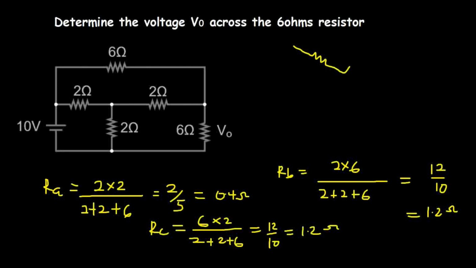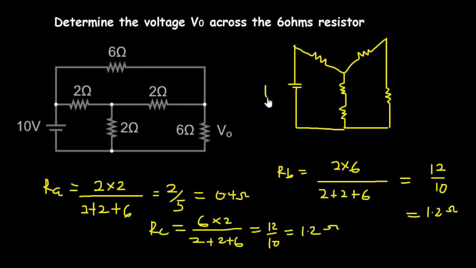Then I have this resistor here again, and another resistor here also. I have this 6 ohms resistor here. Then finally we have the voltage source here.